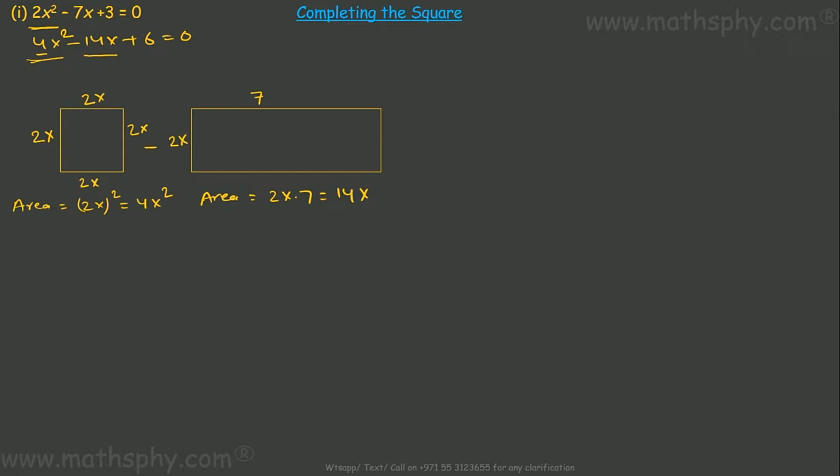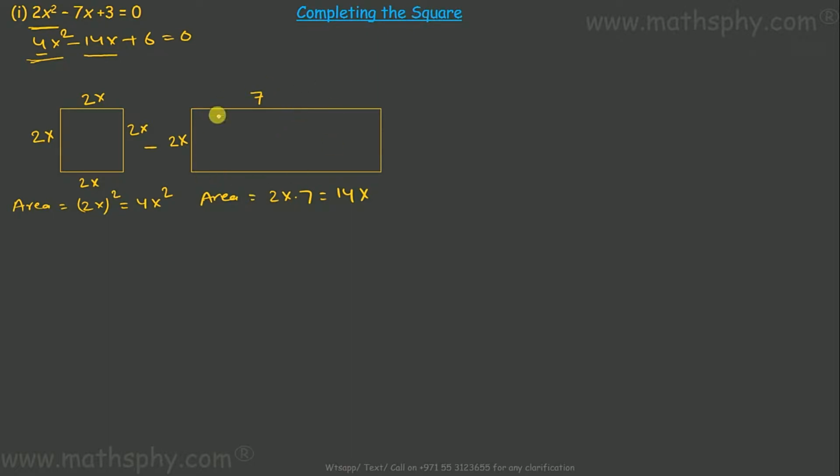Again, let's focus on this. Completing the square means we have this square and we have this rectangle. We have to put them together and make a square. This square and this rectangle, when combined together, will give me a rectangle, but we have to look for a square.